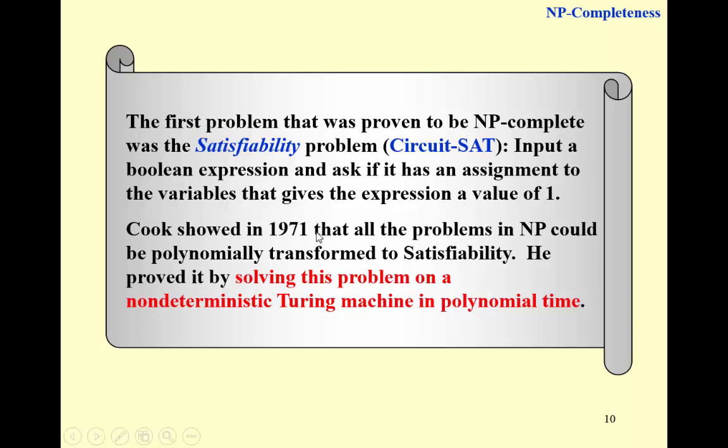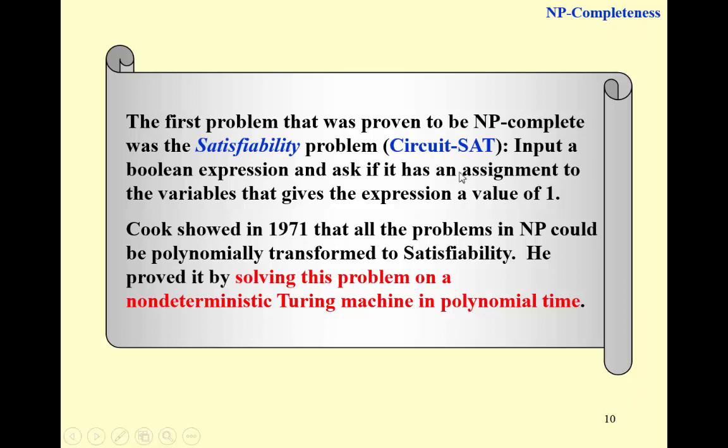For example, a Boolean expression like x and y or z. And obviously 1, 1, 1 is a solution, right? But for an expression with n variables and complicated Boolean relations, the exhaustive search runs in exponential time.